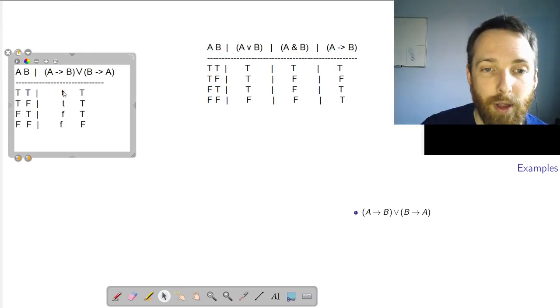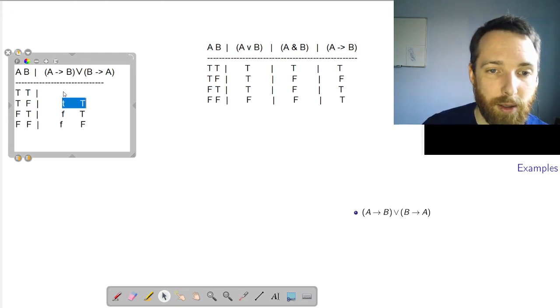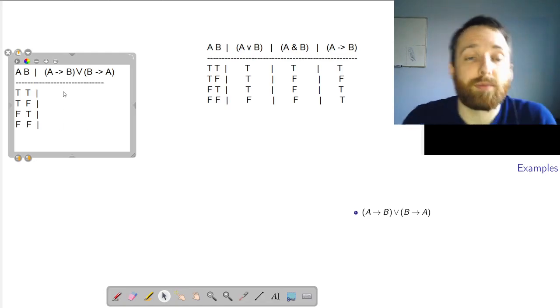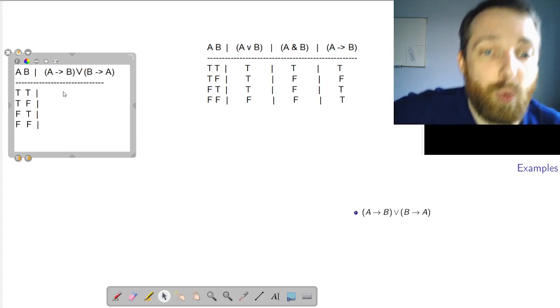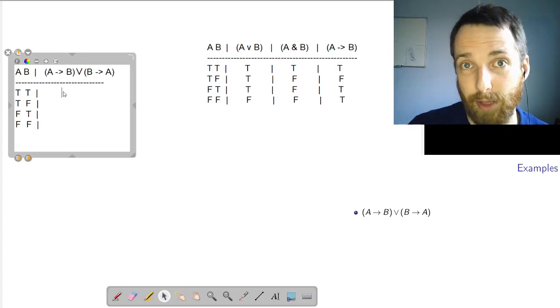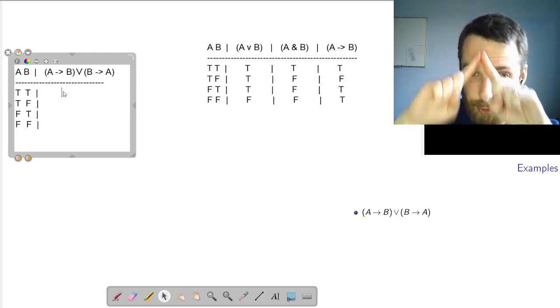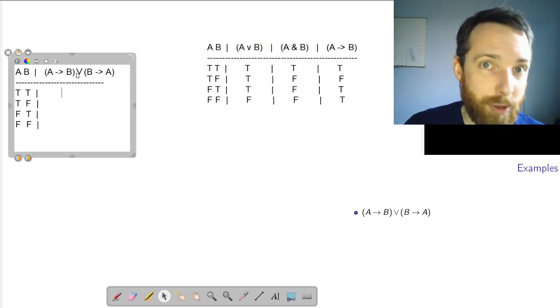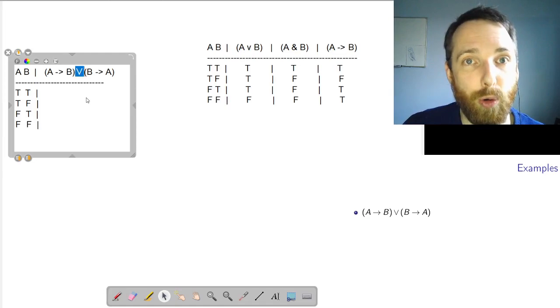Okay, so let me clear this out. Okay, so here's what we're going to do. First thing we want to do when you are doing a truth table is identify your main logical operator, the thing that would be at the very top of your tree. I'll leave it to you to check this for yourself. In this case, it's the or.